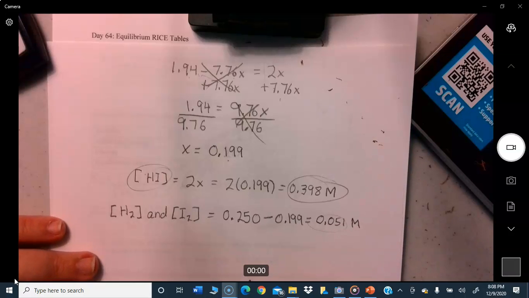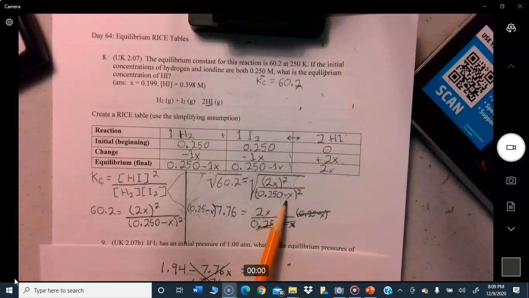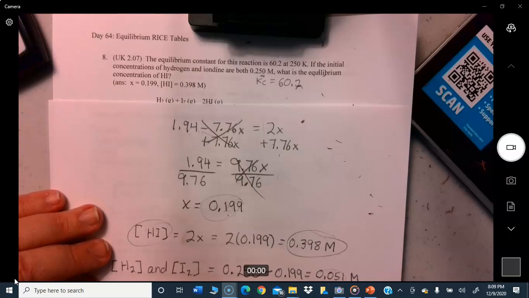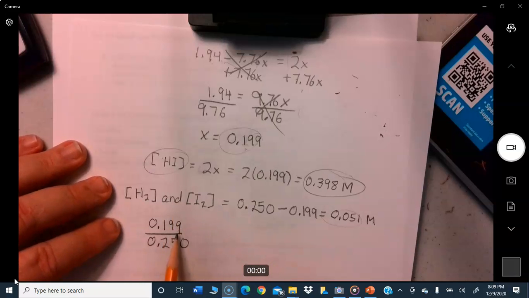So let's test and see if we could have used the 5% rule. There's x. Could we have just eliminated it back here when we had that? Doesn't look like it, does it? Your initial concentration is 0.25 and x is 0.199, so let's see what that is. It's whatever your x value is over the initial concentration.